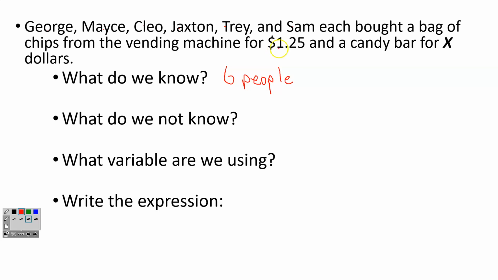I know that the chips were $1.25. Don't forget my decimal. And I know they bought a candy bar. What do we not know? We don't know how much money the candy was.